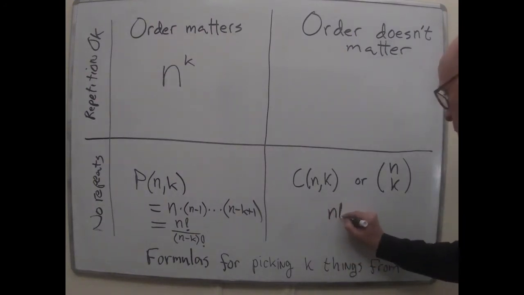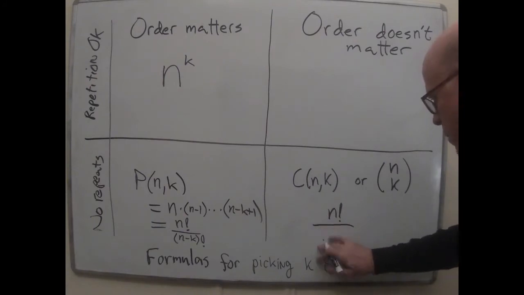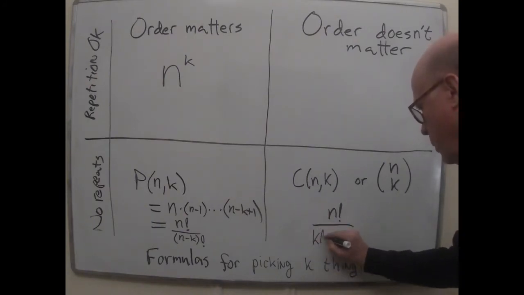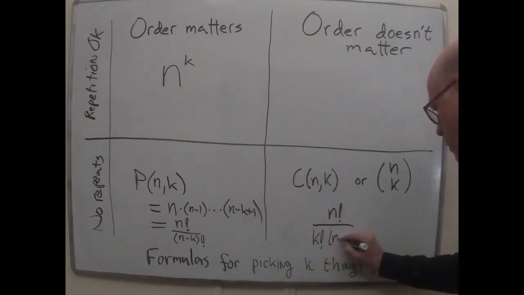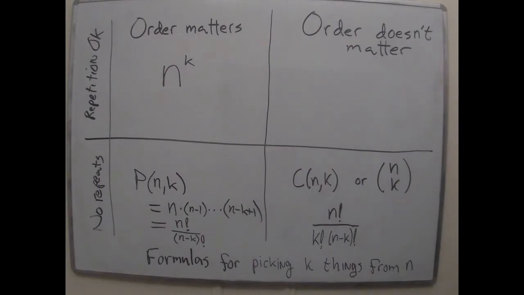It's n factorial divided by n minus k factorial, but also by k factorial. I think I normally write them in this order though: k factorial first, and then n minus k factorial. Of course, the order that you write them in down there doesn't matter. You can commute. Right? So, great.